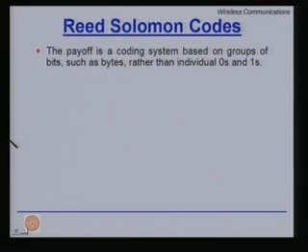Let us talk more about the Reed-Solomon codes. The payoff is a coding system based on groups of bits such as bytes rather than the individual zeros and ones. Here we are actually looking at non-binary codes.